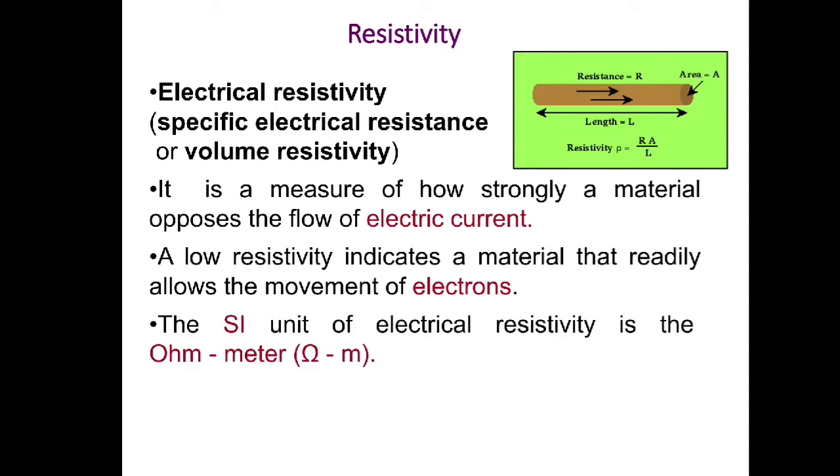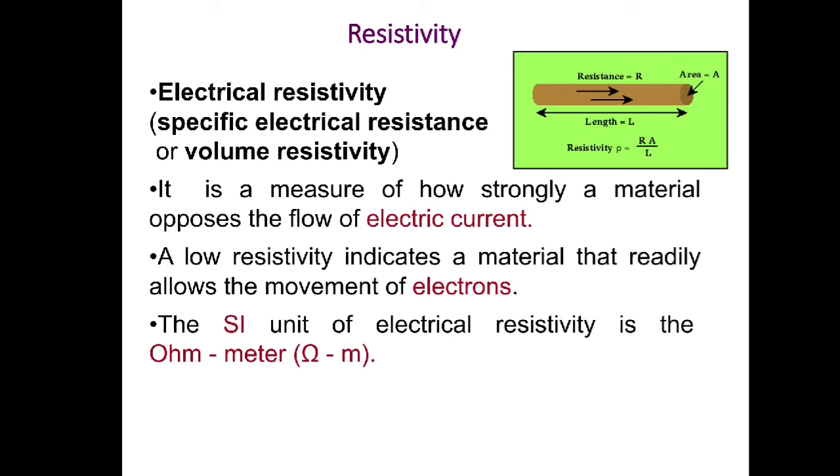If the resistance offered by the material is high, it is said to be a high resistivity material. High resistivity means it opposes the flow of electrons.